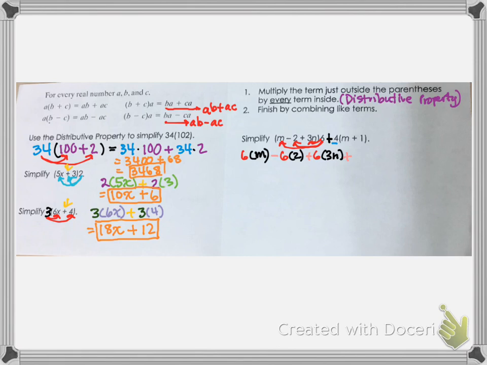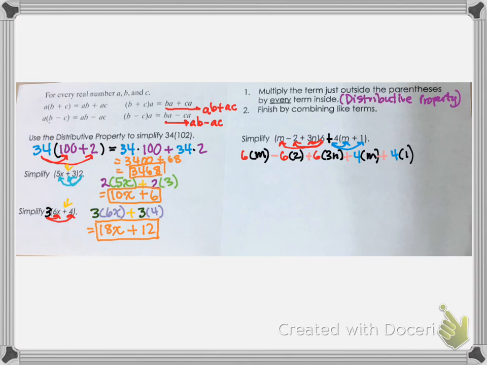And then we've got 4 times m. And then we have another plus. And then we're going to have 4 times 1.